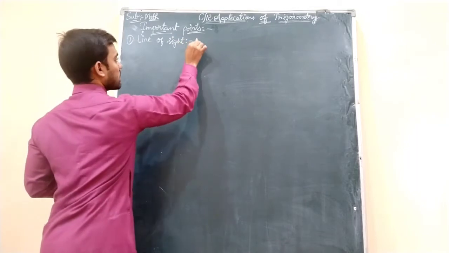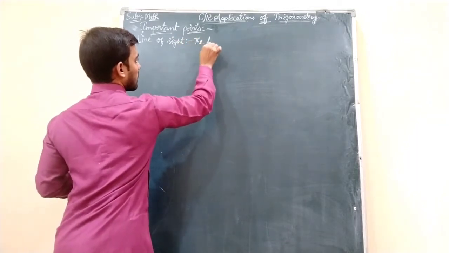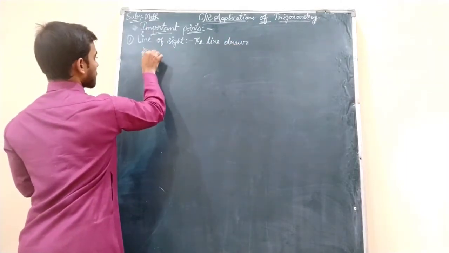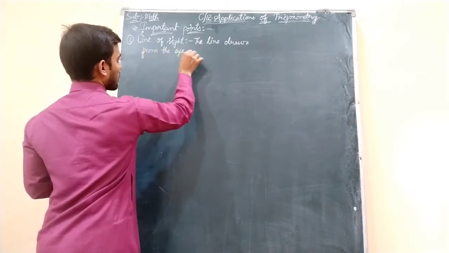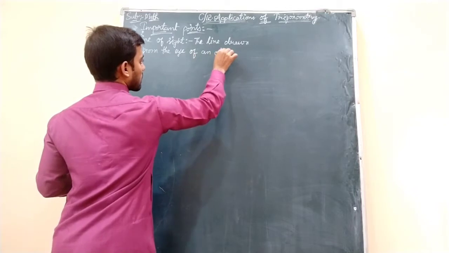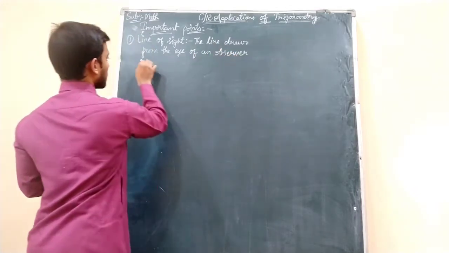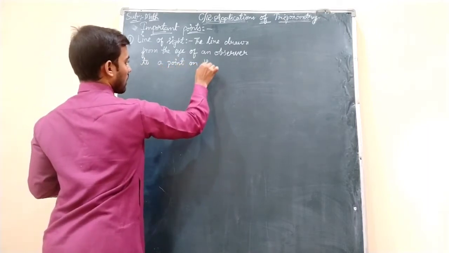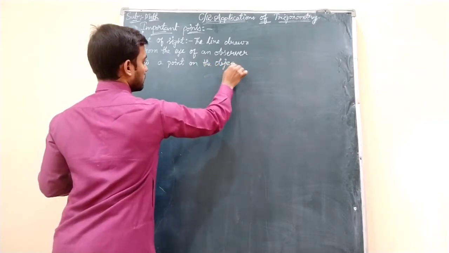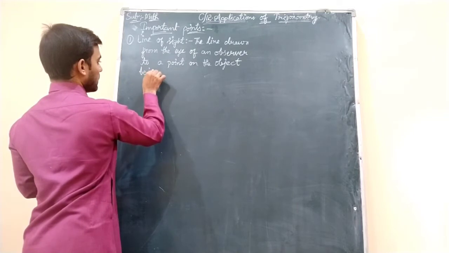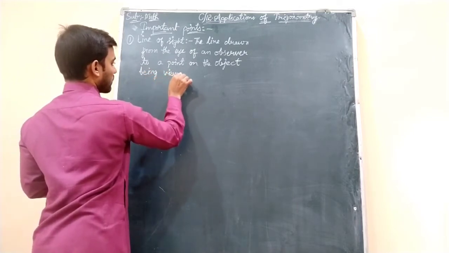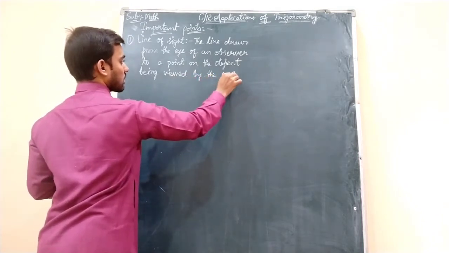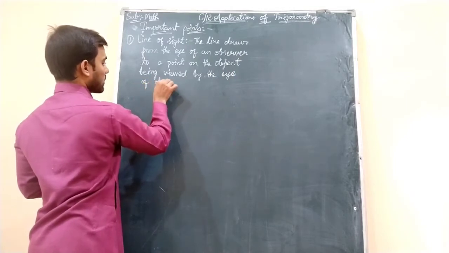The line of sight is the line drawn from the eye of an observer to a point on the object being viewed by the eye of the observer.